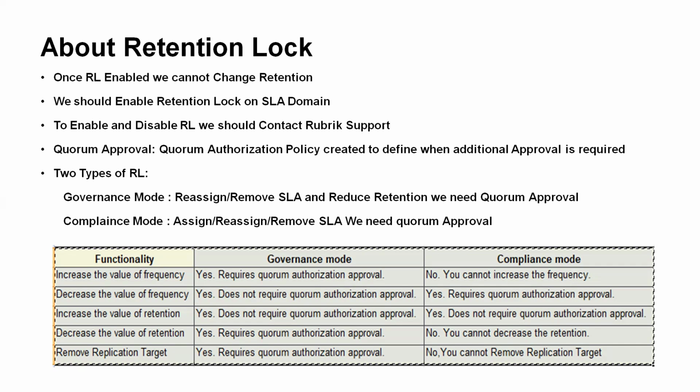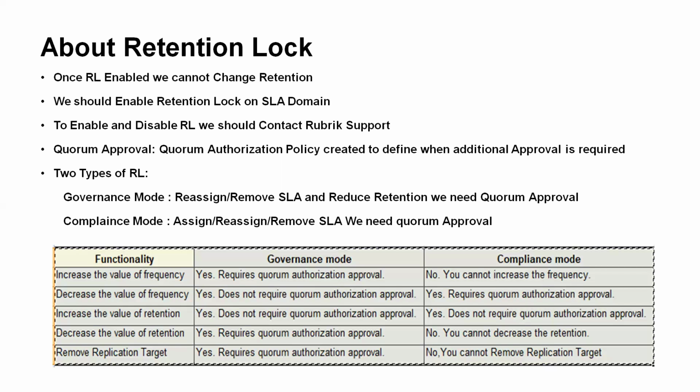It will trigger a quorum approval, and we should contact the concerned person to approve the quorum authorization. In compliance mode, to assign, reassign, or remove, we need quorum approval. And here we will not be able to reduce the retention period, but we can increase the retention period for that SLA domain.